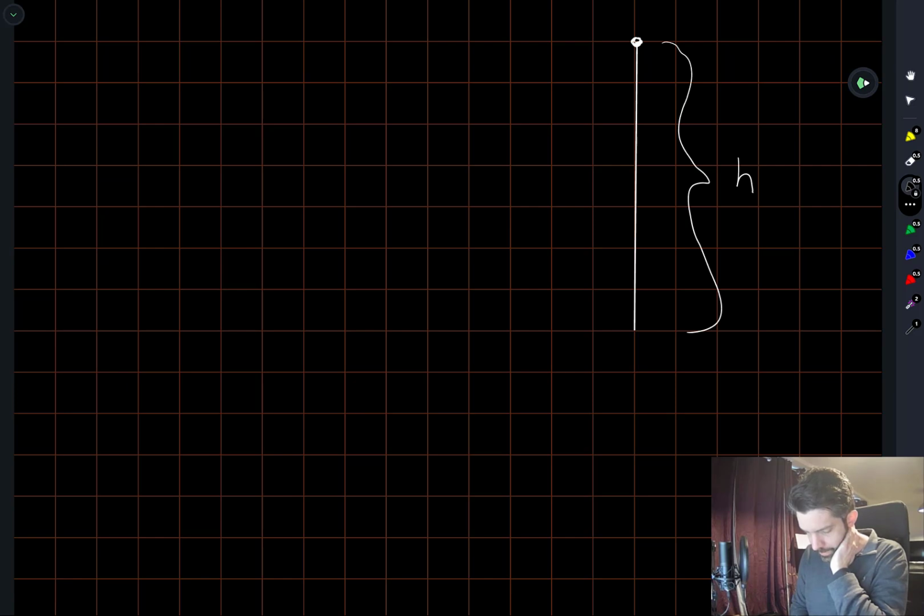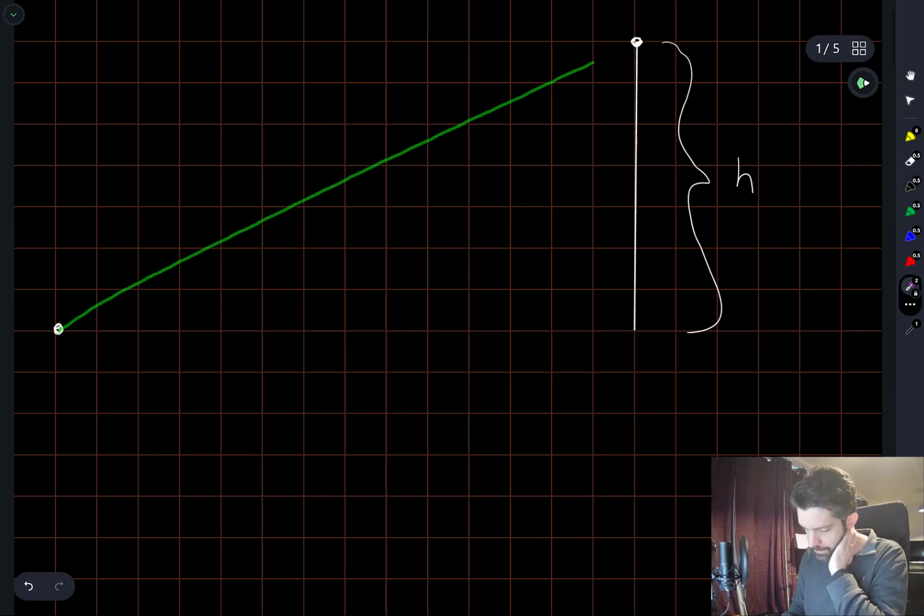So suppose we have an object suspended at a point here, which is a height h off of the ground. And we have our cannon here, which is aimed directly at the object.